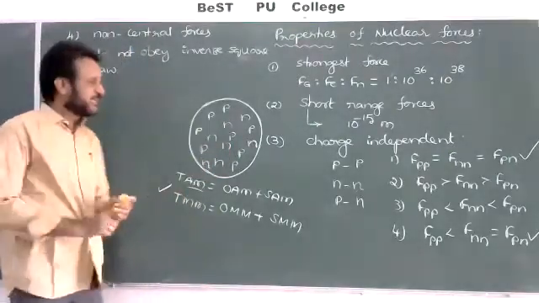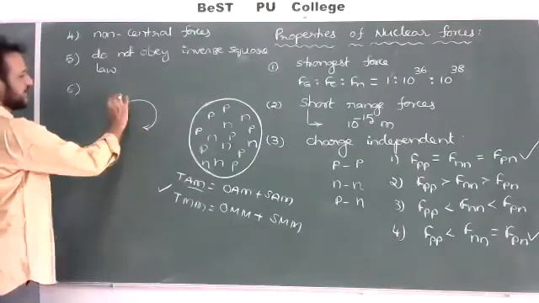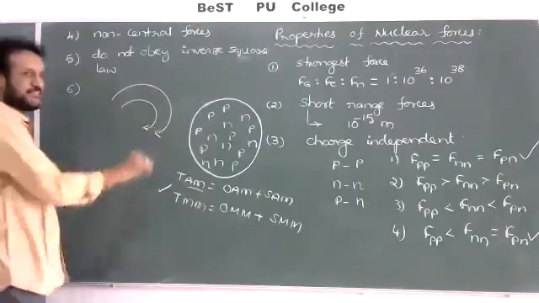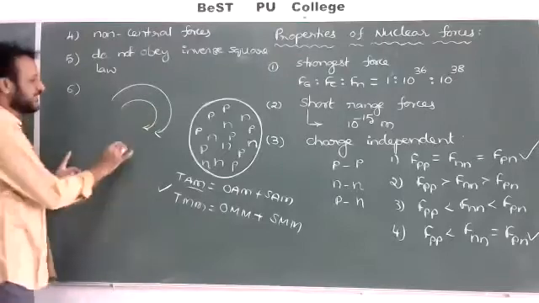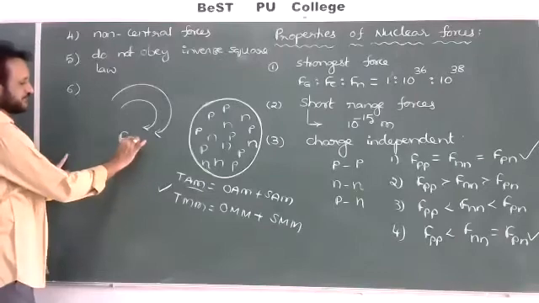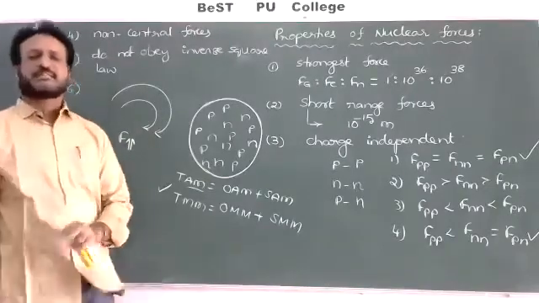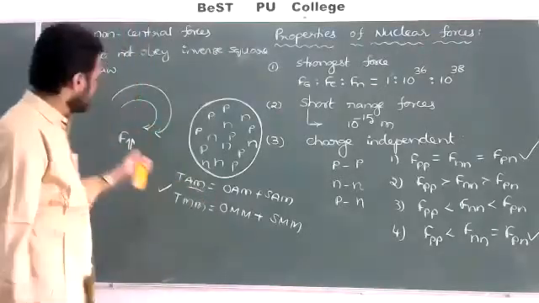But here, if two nucleons have a similar rotation, for example both rotating anti-clockwise, both have a parallel spin. If two nucleons have a similar kind of spin, then we say it is a parallel spin.